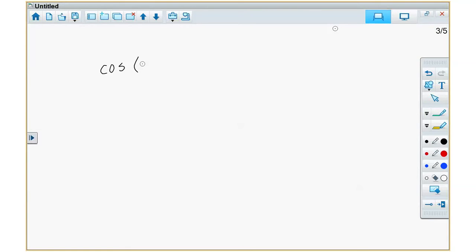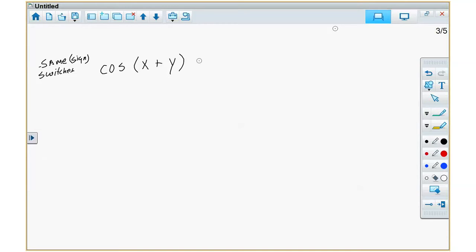Just remember that when you're dealing with cosine of x plus y, and you're trying to rewrite it, everything stays the same as far as the sign, and it also mixes, it switches. That's a good way to remember. All right, those two things you need to remember.